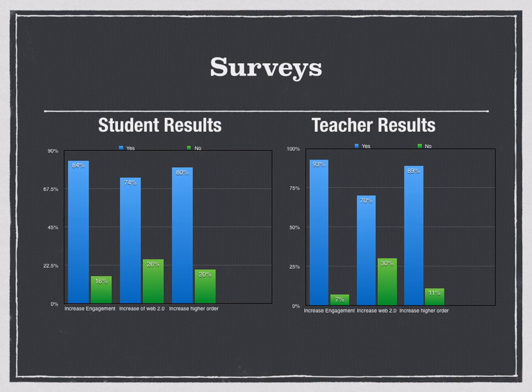After reviewing the results and speaking with teachers, student engagement, the use of Web 2.0 tools, and the increase of higher order thinking all affect one another. If teachers increase their Web 2.0 tools, they also increase their student engagement and higher order thinking activities.